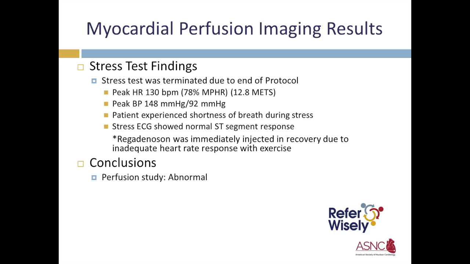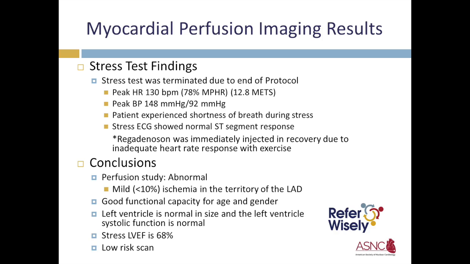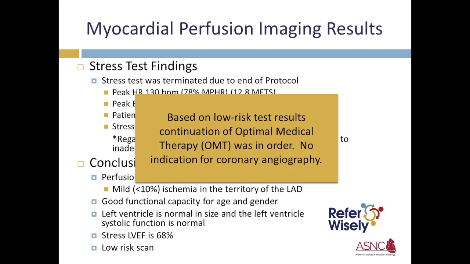The perfusion findings demonstrated a mildly abnormal test with a less than 10% reversible defect in the territory of the left anterior descending artery. She had a stress ejection fraction of 68% with normal global and regional contractility, and this was felt to be a low-risk scan. In the setting of a low-risk scan, ongoing optimal medical therapy was carried out.